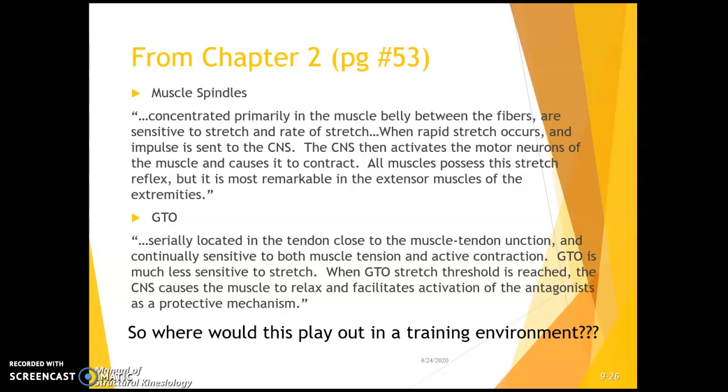They've not trained their GTOs basically to shut off or even quiet a little bit, not so much shut off, but to kind of quiet down and not cause this overactive stretch response.